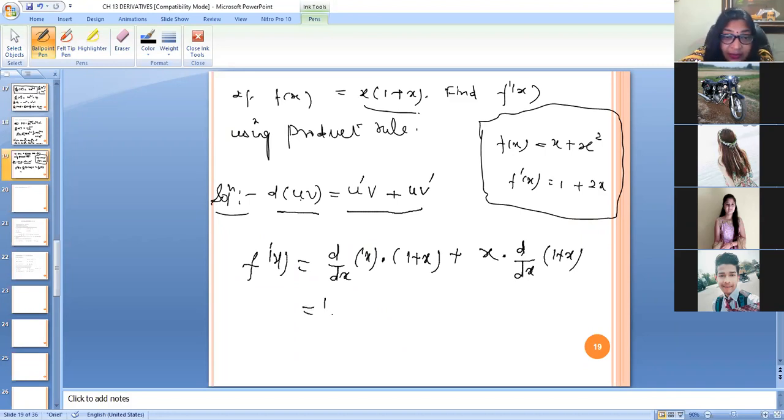Now derivative of x is 1, into 1 plus x as it is, plus x as it is, into derivative of 1 plus x: derivative of 1 is 0 plus derivative of x is 1. So it is 1 plus x plus 0 plus 1, 1 into x. It is 1 plus 2x.